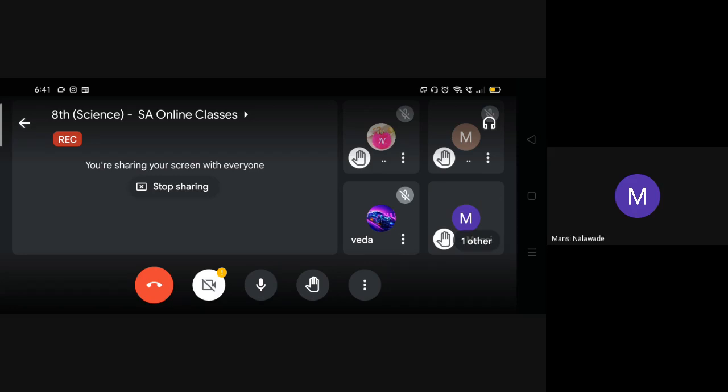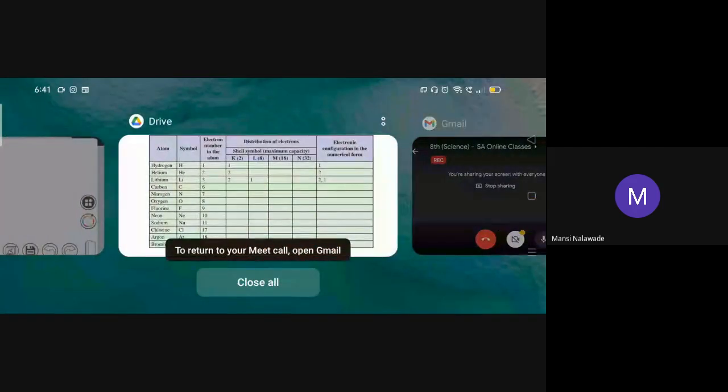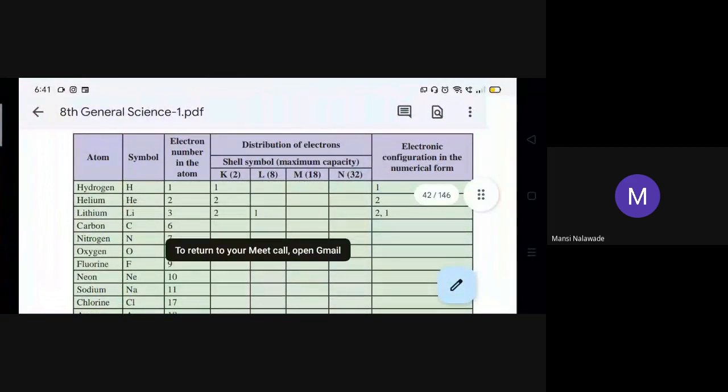Okay, I will explain by showing. We have found out now that the K shell will contain only 2 electrons, L contains 8, M contains 18 and N contains 32. So here in this table, what have they given us? The atom, its symbol, and the electrons present inside the atom, and its electronic configuration we have to find out.